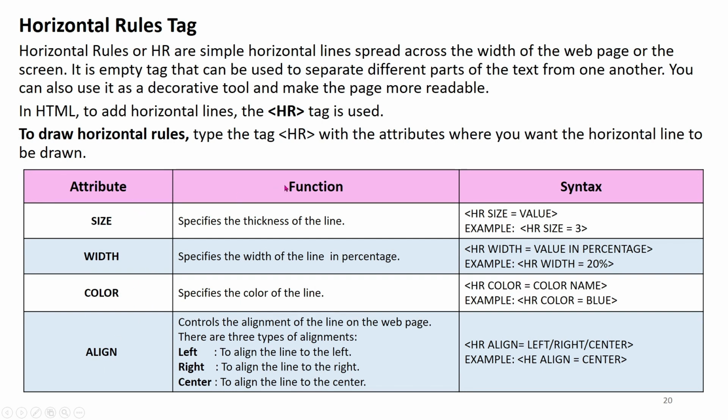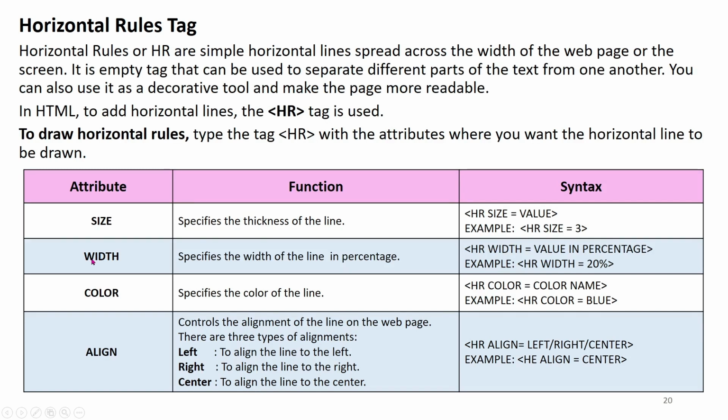So what is the function of size attribute? It specifies the thickness of the line, means how much thick your line would be. This is given in points. HR size equals to value. Example, HR size equal to 3. So this will be 3 points thick.